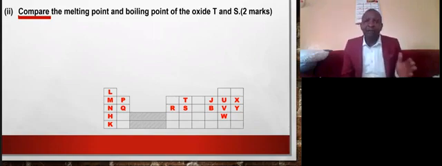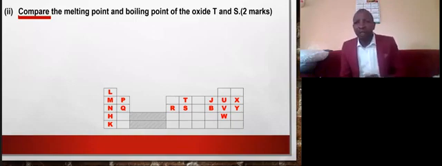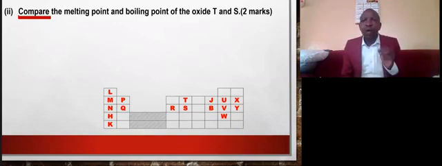Then you explain further: this is because the oxide of S has a giant atomic structure with a strong covalent bond, while the oxide of T has a simple molecular structure with weaker van der Waals forces.